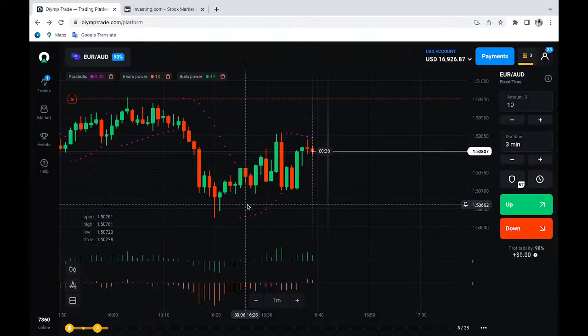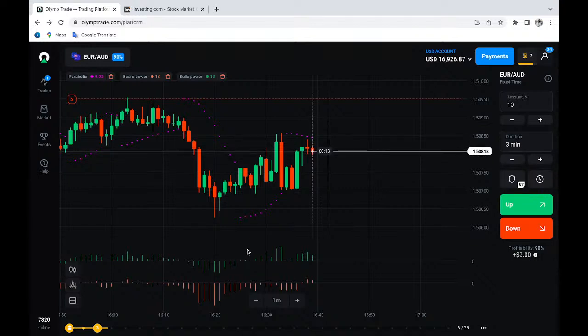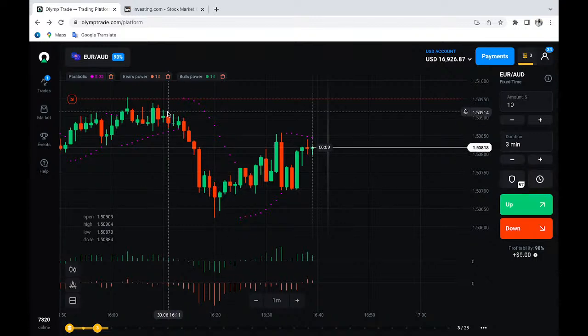If we're going to uptrend, the parabolic is giving an up signal, we need bull power to be strong, which means bull power above the zero. Second, we need this red one also above the zero. Then we can open a trade.